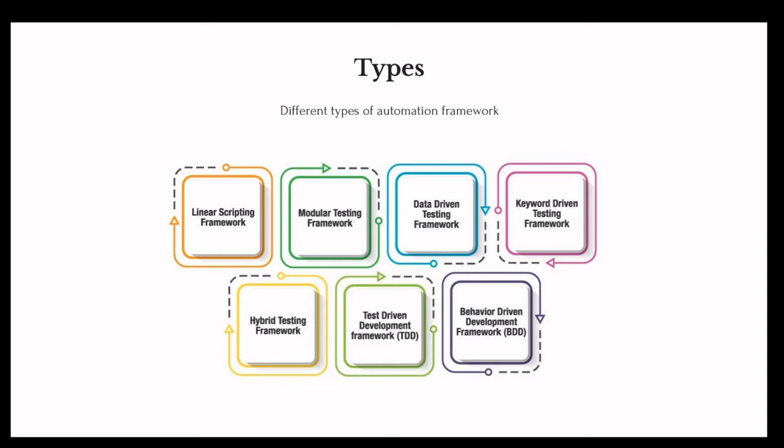The modular testing framework, which is quite acceptable in many companies. Data-driven testing framework. Then we will talk about the keyword-driven testing framework. Later on, we will talk about the hybrid testing framework. Then we will talk about TDD.